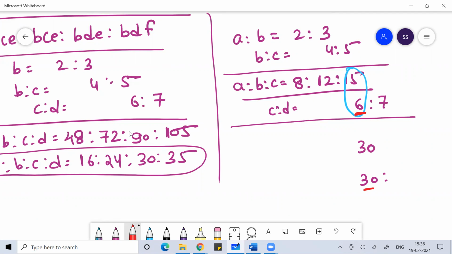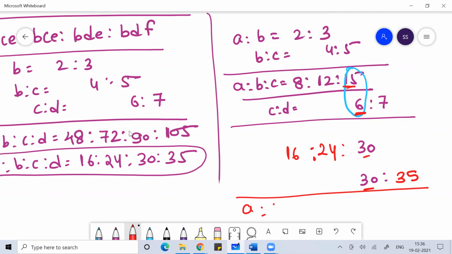So multiply 7 also with 5, so you'll get 35. What I did with 15 to make it 30, I multiplied by 2. So multiply 2 with 12, you'll get 24. Multiply 2 with 8, you will get 16. Simple. A is to B is to C is to D, answer is 16 is to 24 is to 30 is to 35.